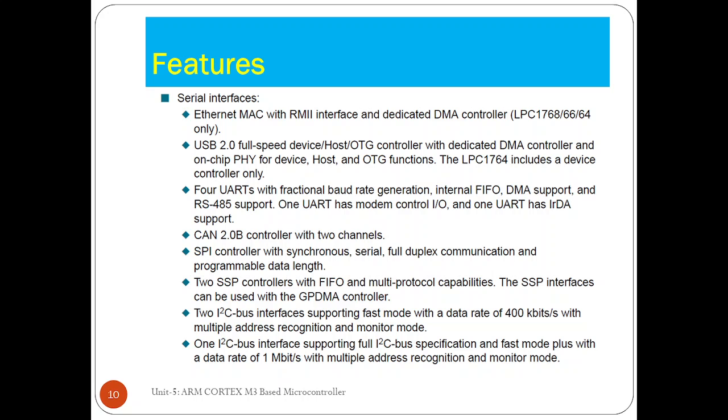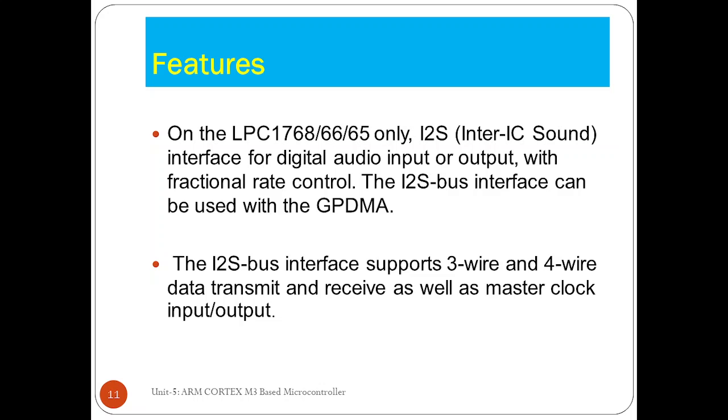These are the serial interfaces available: CAN, SPI, USB, two stage SPI, I2C. Serial interface is available under this category, along with Ethernet MAC. For the bus architecture, I2C bus is available. Inter IC sound interface, that is I2S, is also available.